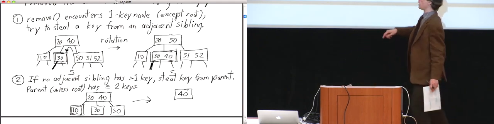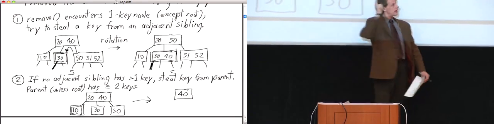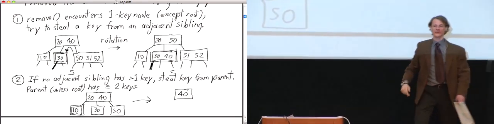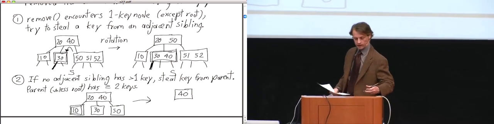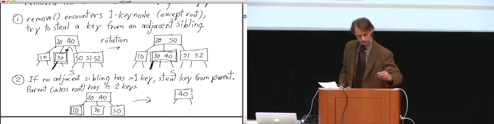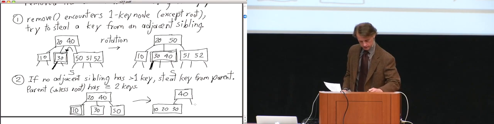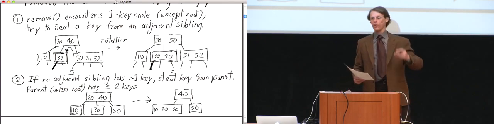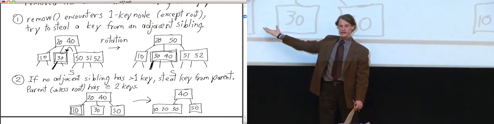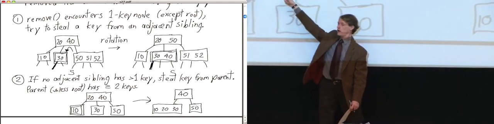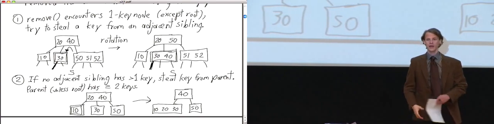And that means the 20 comes down, leaving just the 40 in the parent. When the 20 comes down, since all you have left is 1 key, there can only be 2 children. There can't be 3 children anymore. So how does that work out? Well, what we do is we put the 10, the 20, and the 30 all together into one big node. Meanwhile, the 50 is untouched. So you wind up taking 2 children nodes and fusing them together with the addition of one of the keys from the parent.